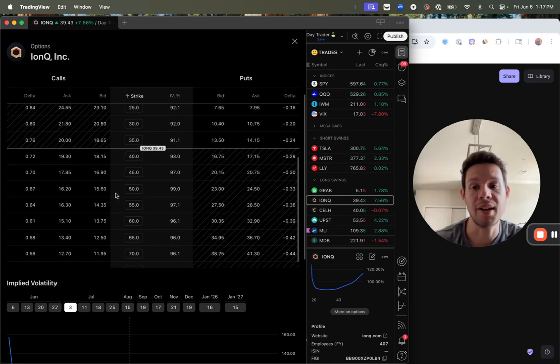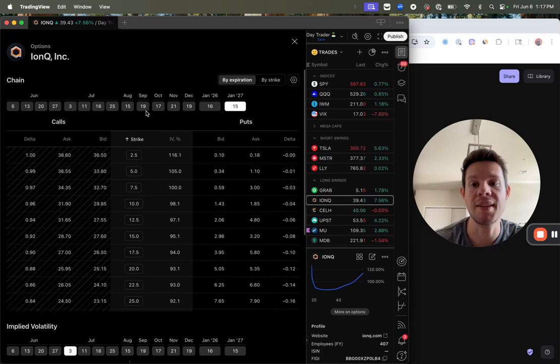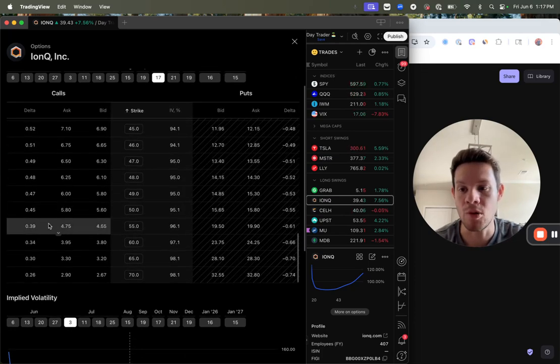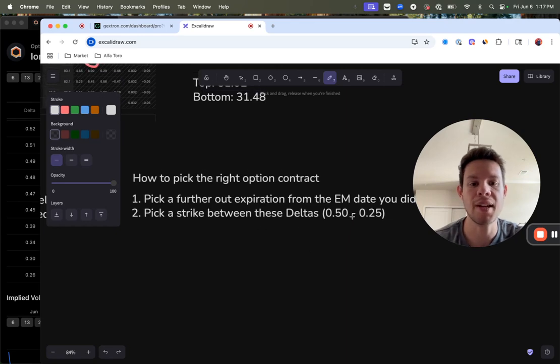So I won't be making the same returns, but if I do pick something like September 19th or 17th, you can always aim for a 38 delta or a 45 delta, just like I said right here. Pick a strike that is within this range.